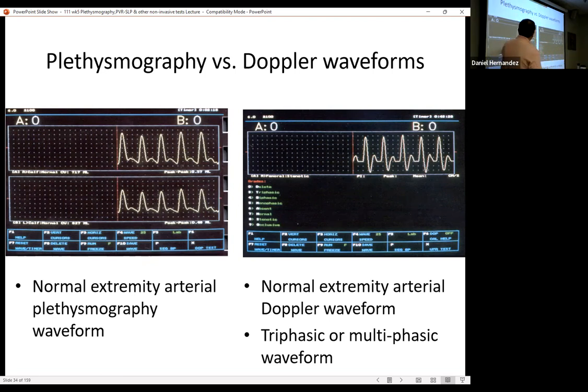With the plethysmography waveform, there is no baseline. A lot of the drawings I'm going to give you have a zero baseline going across, so you can tell right away the difference. Doppler waveforms will have that zero baseline, so you can tell if something is triphasic, monophasic, or biphasic, whereas plethysmography waveforms don't have that.